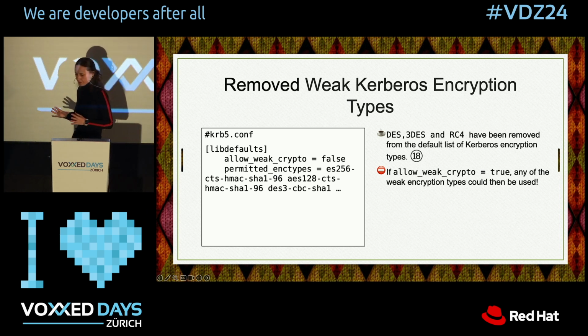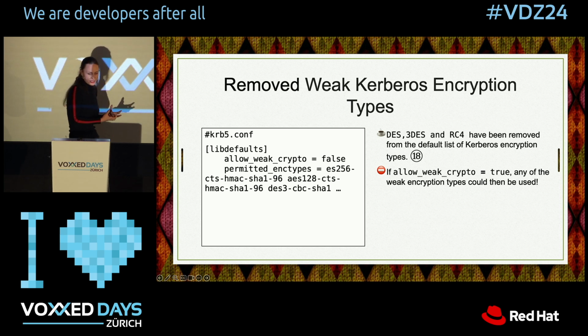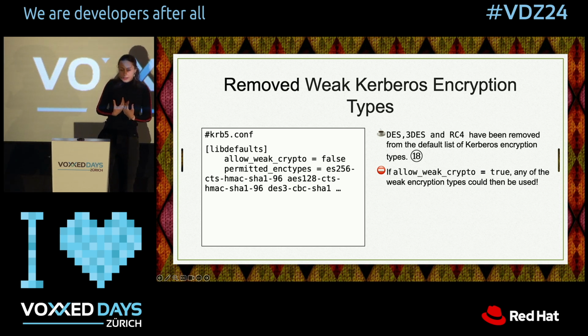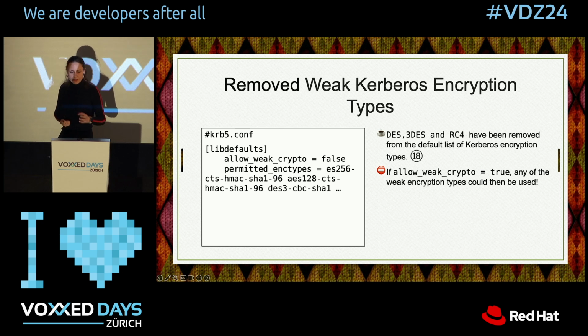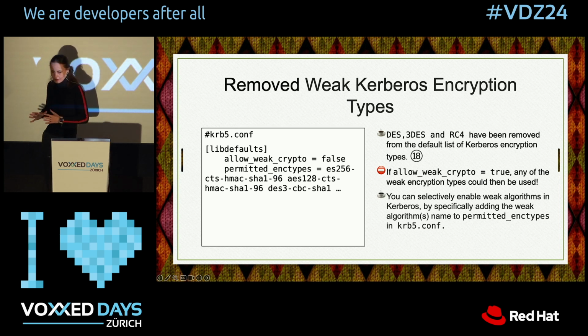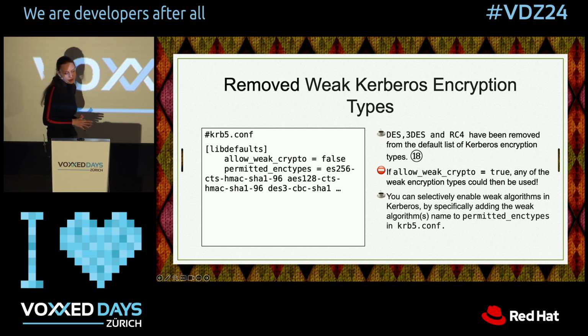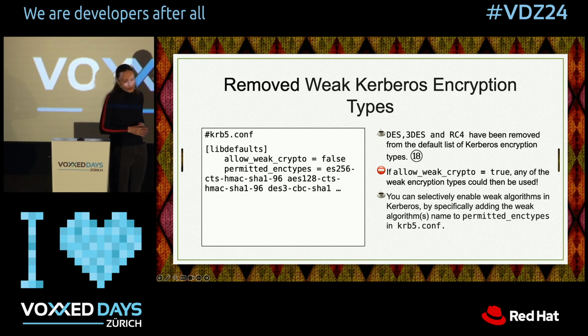Many people are tempted to do that because they think, okay, but my application still needs this. I feel that I still need this configured. So they would go and set allow weak crypto to true just to have them enabled. The better approach would be to selectively enable weak algorithms, if you really need them, by specifically adding the weak algorithm's name to the permitted encryption types.